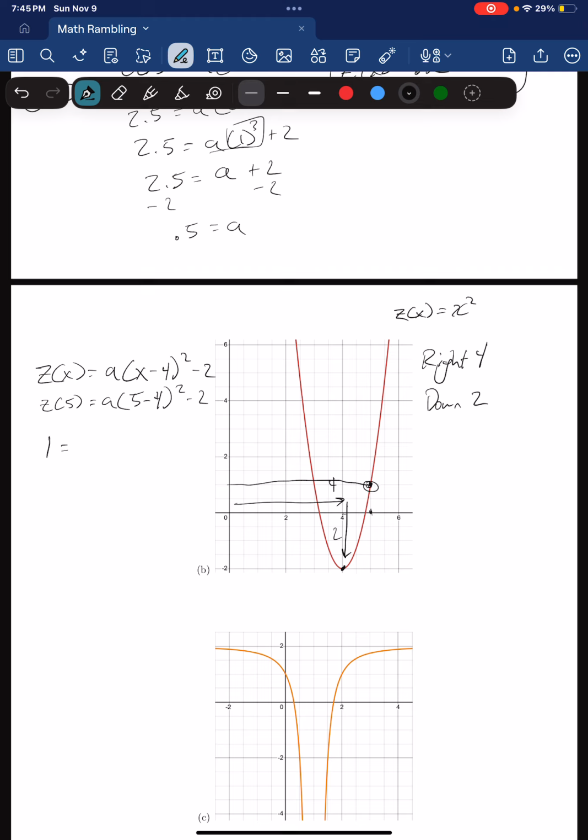So 1 equals a times 5 minus 4 is 1 squared minus 2. So 1 equals a minus 2. Add 2 to both sides, we get 3 equals a. Perfect. So we get, as our final equation, z of x equals 3 times x minus 4 squared minus 2.